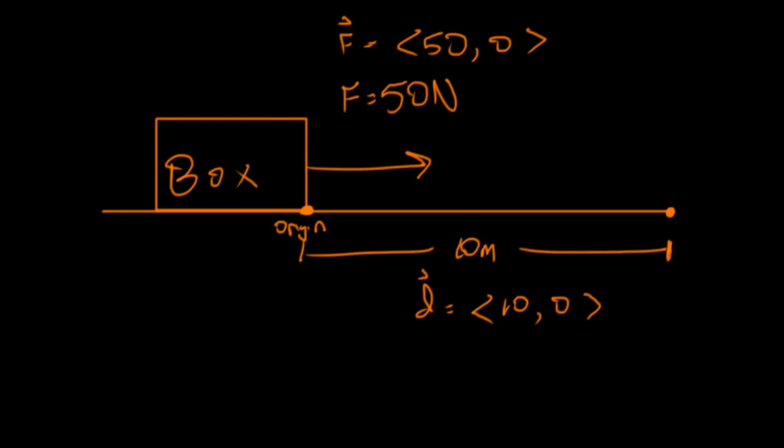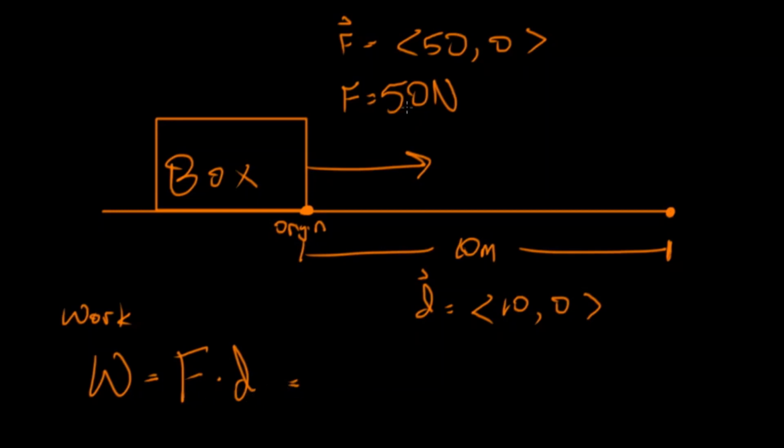So my question to you is, how much work is being done? That requires you to remember the work formula. The formula for work in physics is force times distance. In this example, this is the force parallel to the movement.